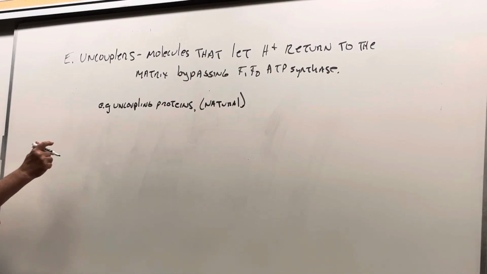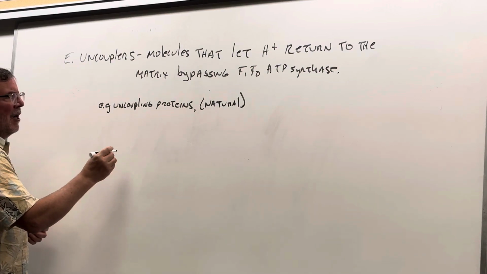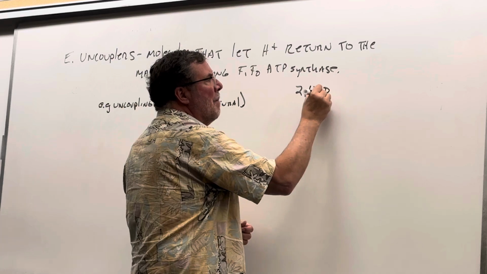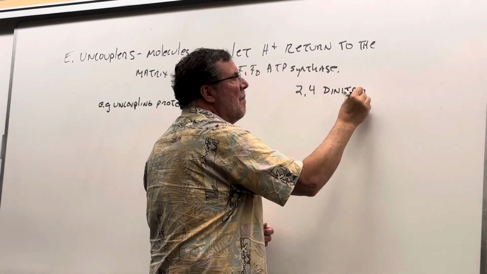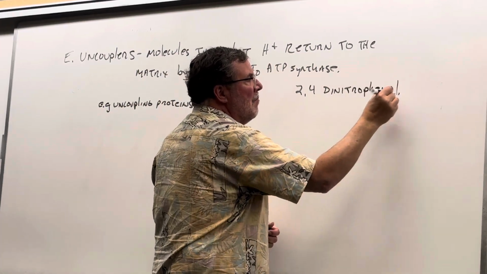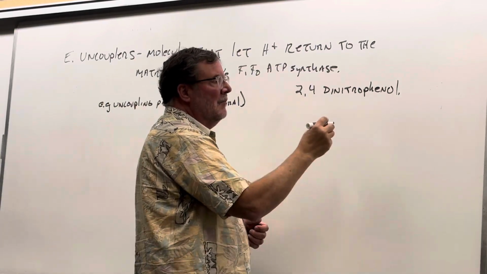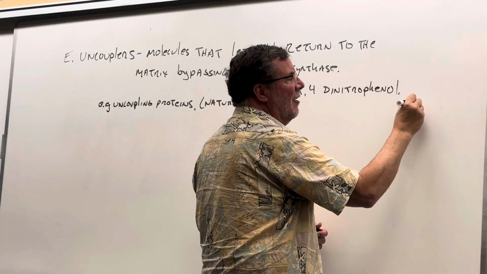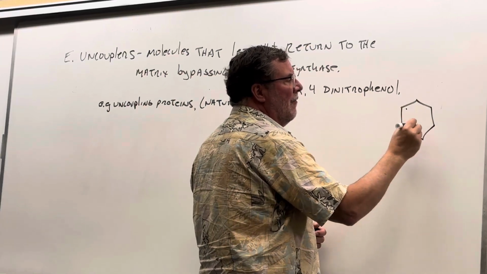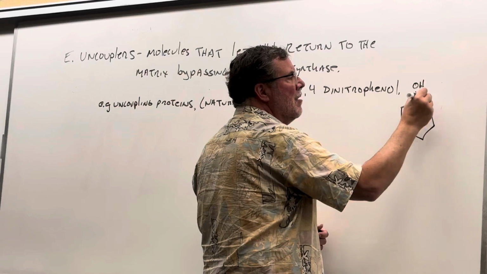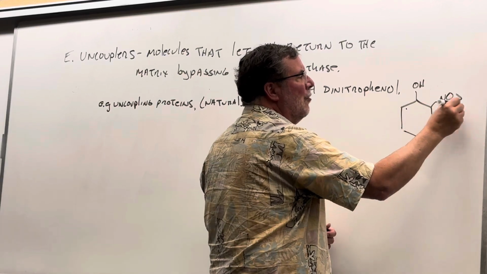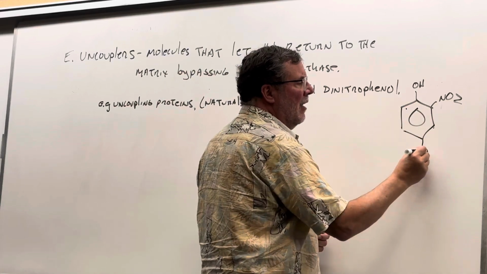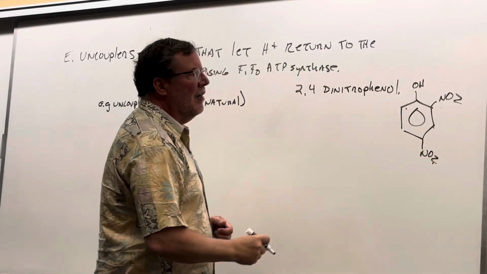Okay, but the other example I was going to give is this molecule called 2,4-dinitrophenol. And what is that? Well, let's draw the structure here. Phenol, 2,4. There's a nitro. 1, 2, 3, 4. There's an NO2 there.